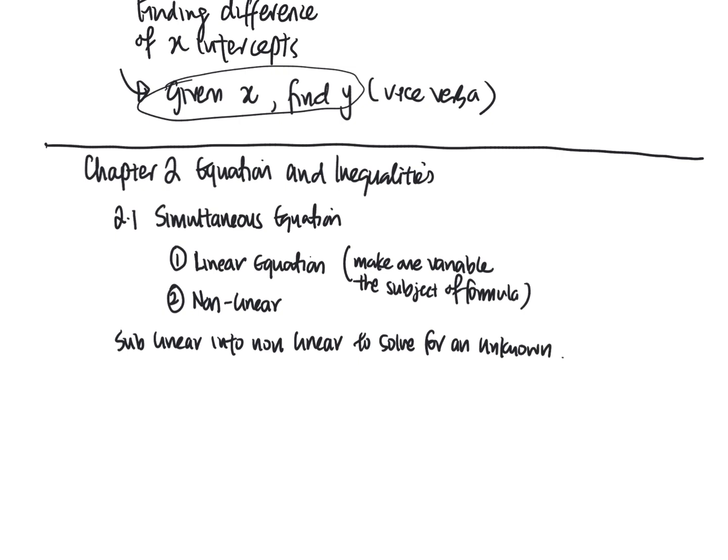So after you solve for the unknown, you are supposed to find the corresponding value, right? Either x or y. Always use the unknown and sub into the linear one to find the corresponding, to find the other unknown.